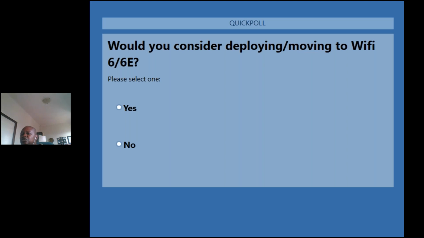The question is, would you consider deploying or moving to Wi-Fi 6 or Wi-Fi 6E today? I'll give a minute again. So please get voting. We're coming right up to 30 seconds now.